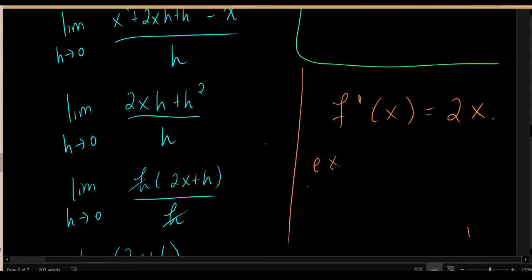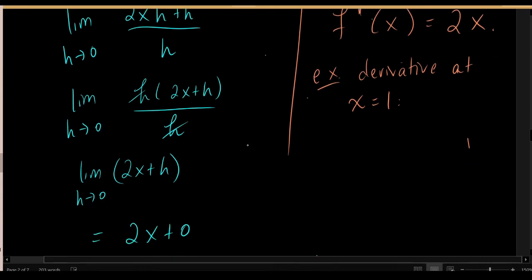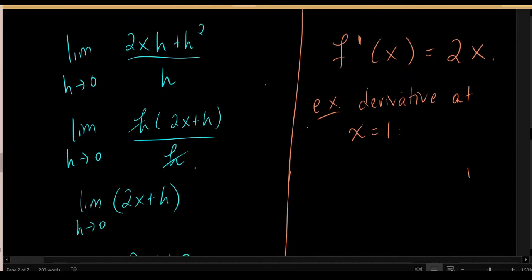So for example, if you wanted to find the derivative at x equals 1, you no longer have to go through this difference quotient process. You've done it once and for all.